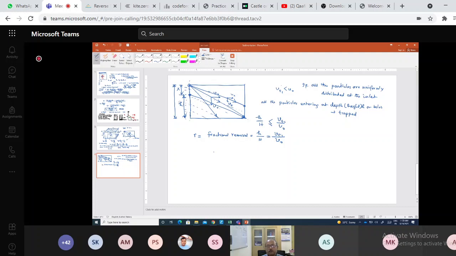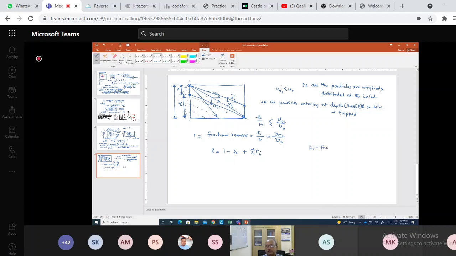So if we try to find the percentage removal of all the particles, this is nothing but 1 minus P0 plus the sum of all the Ri's. So what is this P0? I'm writing it so you can now understand.